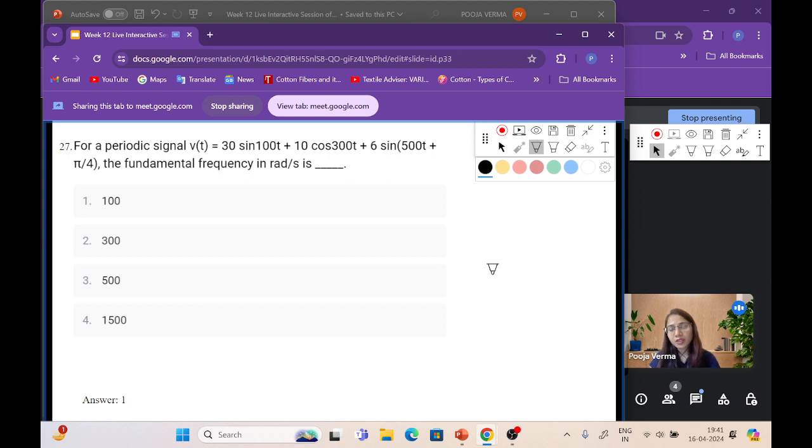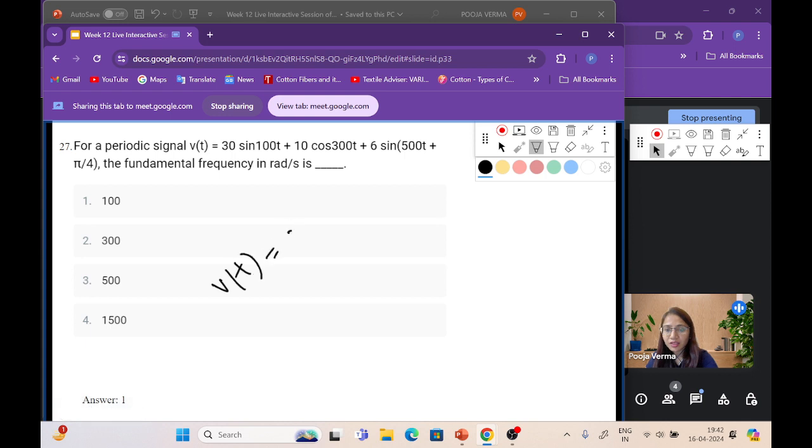For a periodic signal, v(t) is equal to 30 sin 100t plus 10 cos 300t plus 6 sin (500t plus pi by 4), the fundamental frequency in radians per second. Now we need to find out the fundamental frequency of this signal.